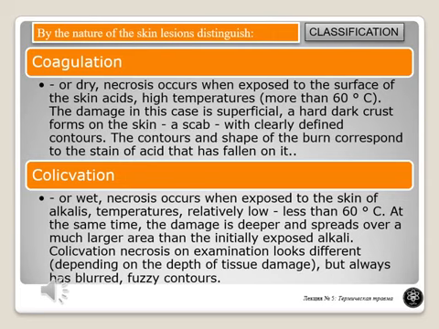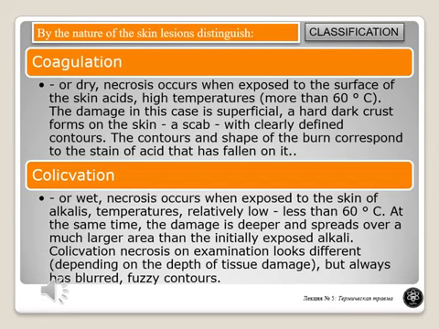A clear dark crust forms on the skin, usually called an eschar, with clear outlines. The crust is firmly fixed to the underlying tissues and is very difficult to separate and remove during surgical treatment. The contours of the burn correspond exactly to the acid stain that got on the skin, or to the incandescent object with which contact occurred.